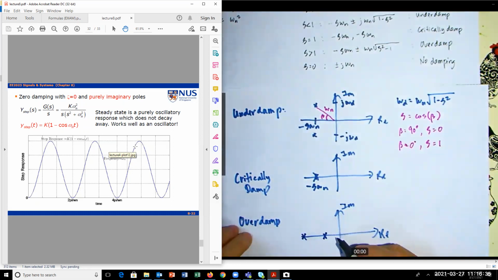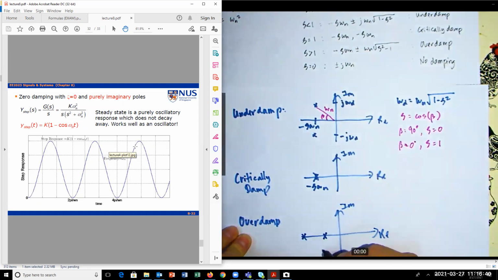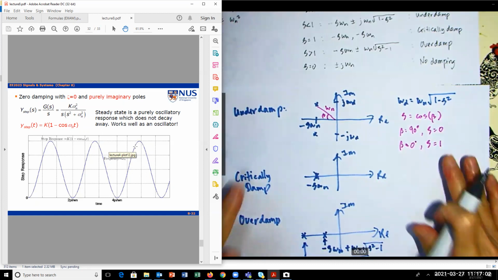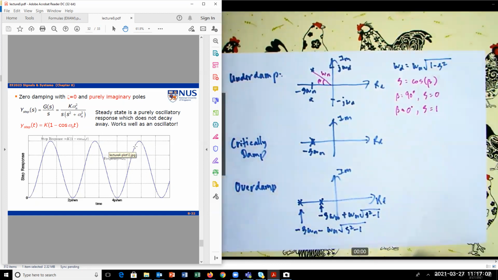The first one will be minus zeta omega n plus omega n root of zeta squared minus 1. The second one will be minus zeta omega n minus omega n root of zeta squared minus 1. So this is for this guy, and this is for this guy. Okay, so that is the overdamped case.